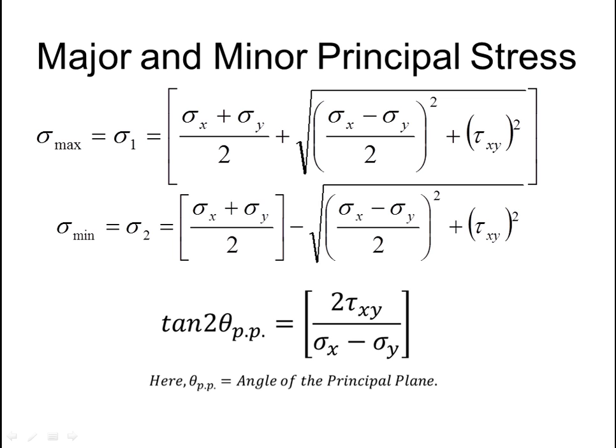The major and minor principal stresses: sigma 1 is equal to sigma x plus sigma y by 2, plus the square root of sigma x minus sigma y by 2 whole square plus tau xy square. Similarly, the minor principal stress can be determined as sigma x plus sigma y by 2 minus the square root of sigma x minus sigma y by 2 square plus tau xy square. The theta pp, the angle of the principal plane, can be determined from the formula tan 2 theta pp equal to 2 tau xy divided by sigma x minus sigma y.